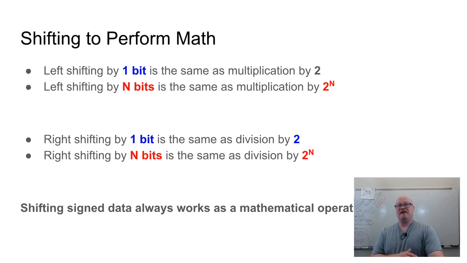So shifting to the right 1 bit is division by 2, and shifting to the right n bits is division by 2 to the nth power. Right? And as a side effect of thinking this way, we always want to do this stuff if we're doing math only with signed representation, because then the shift operators are always effectively performing a mathematical operation for us.